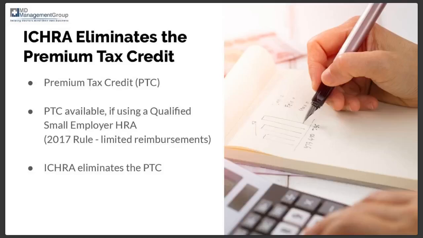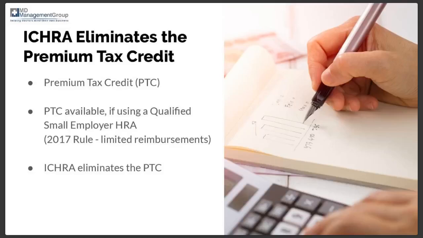That's why they won't let you use a cafeteria plan, because basically you're getting a tax benefit. You would go use that money to go buy the exchange, and for those that would get the premium tax credit, it's like they're getting double dipping on the tax savings, and they don't want that to happen.